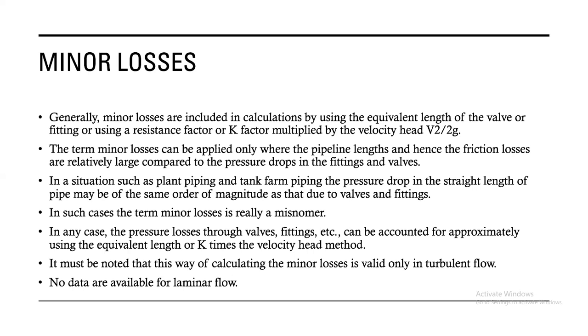In any case, the pressure losses through valves, fittings, etc. can be accounted for approximately using the equivalent length times the velocity head method. So equivalent length means how much pressure loss would have occurred compared to a pipe length, and I'll show that using an example.